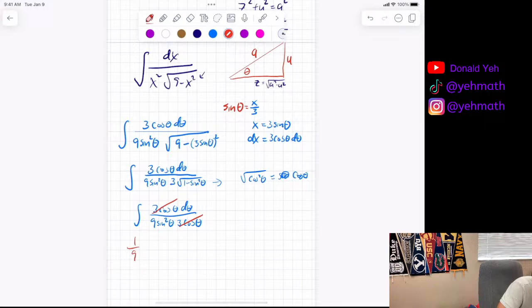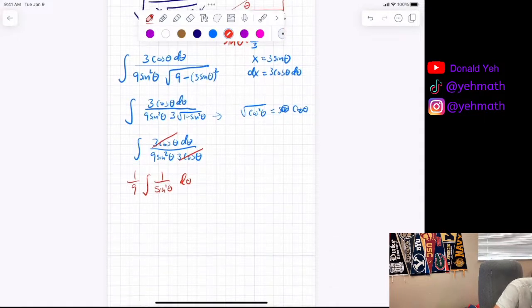And take out 1 over 9: 1 over sine squared theta d theta. I didn't cancel. What's the integration of 1 over sine squared theta? Well, we don't know, but we do know the integral of CSC squared theta d theta is the same trig identity. Would that be negative 1 over 9 cotangent of theta plus C? Am I done? No, I'm not done. The answer should not be in theta.